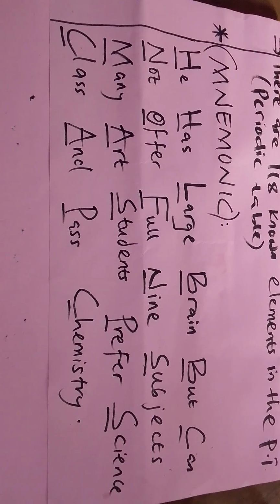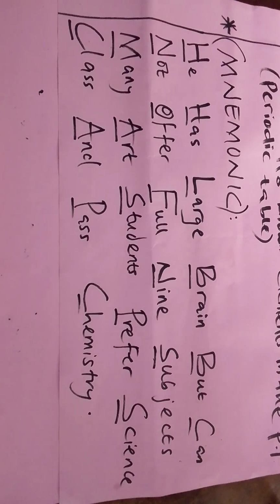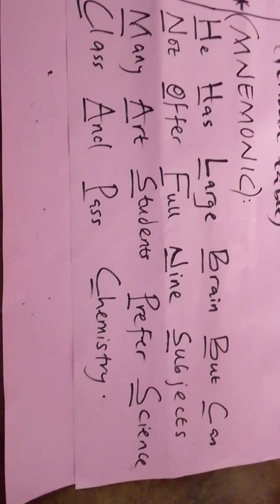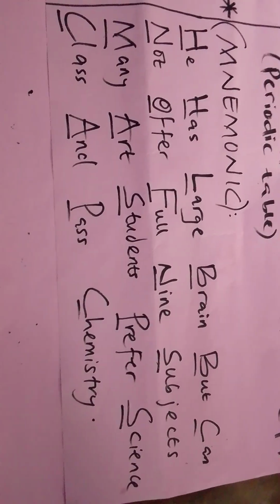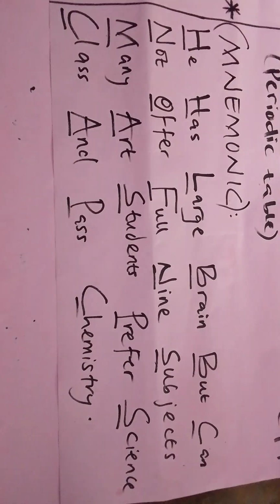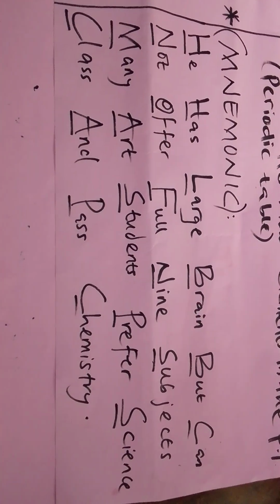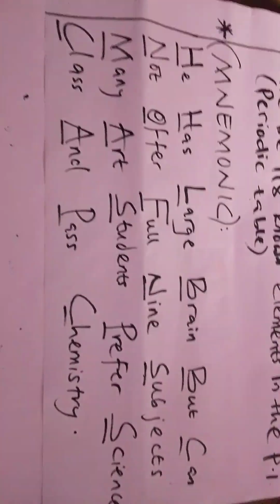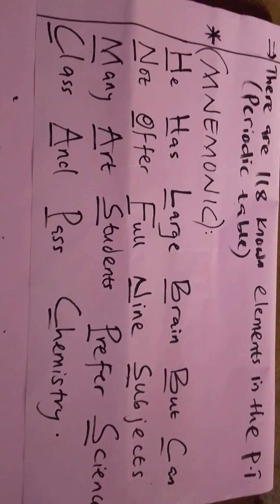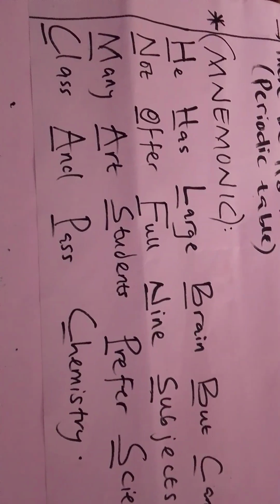So we talk about the trick on how to memorize the first 20 elements. This is the mnemonic for you to memorize the first 20 elements. What we mean by mnemonic is that it's just a memory trick that we use our brain to make shortcuts of some things to enable us remember information that is hard to memorize in the brain.